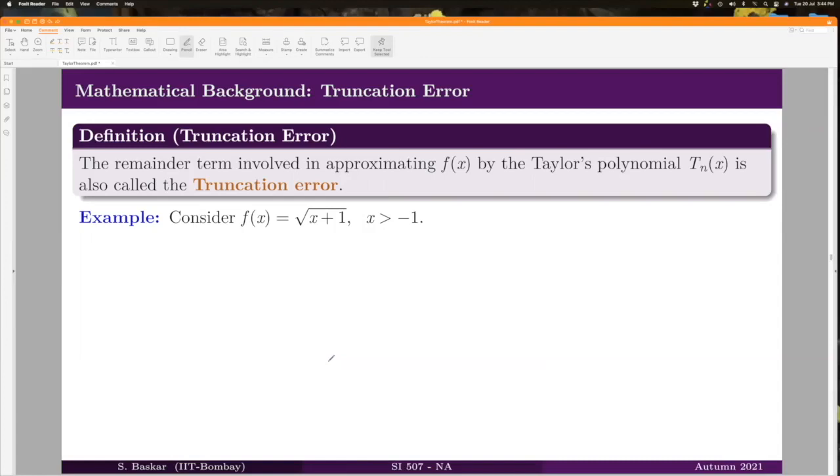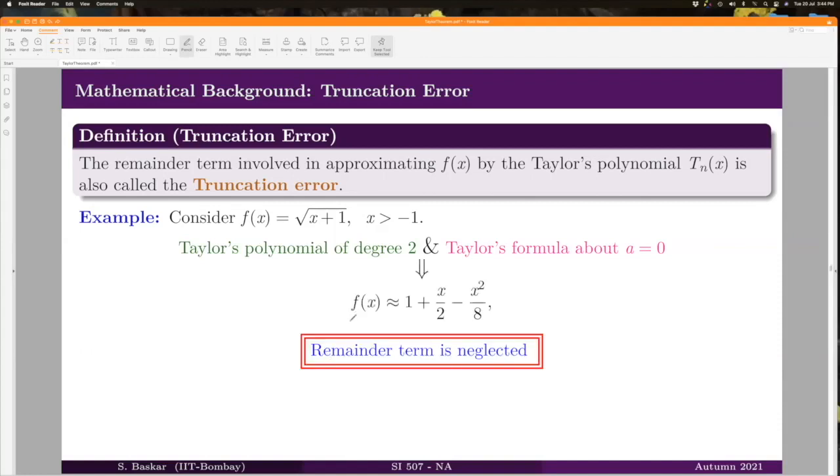Consider the function f of x equal to root x plus 1 for x greater than minus 1. If I want to approximate this function by Taylor's polynomial of degree 2 around the point a equal to 0, then we get f of x is approximately equal to 1 plus x by 2 minus x square by 8.